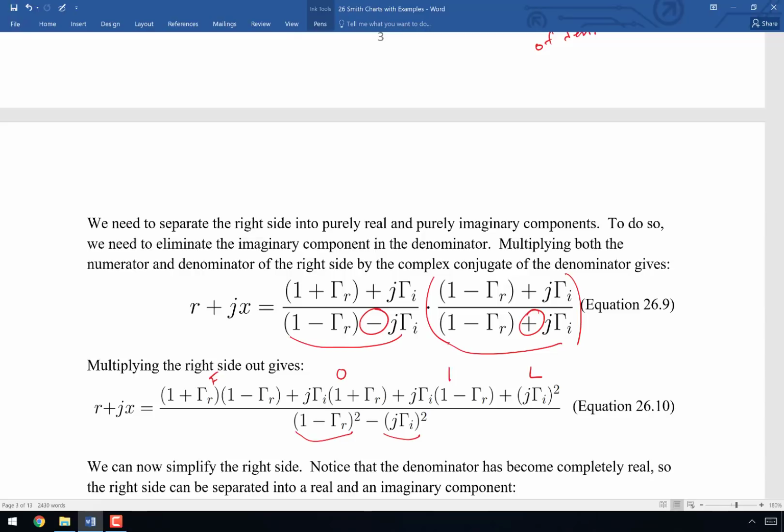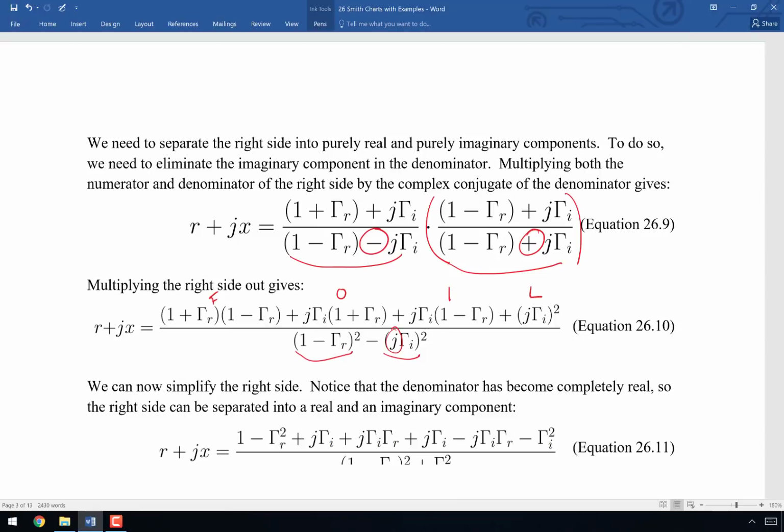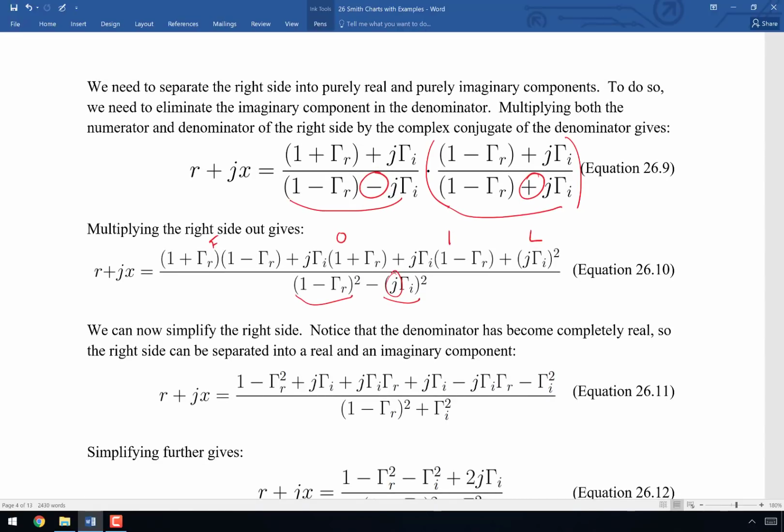That means this j right here is going to get squared, and that j squared is going to become a -1. That means the denominator is going to become perfectly real. So by the time we get to equation 26.11, this entire denominator is real, and there's no j that appears anywhere there.